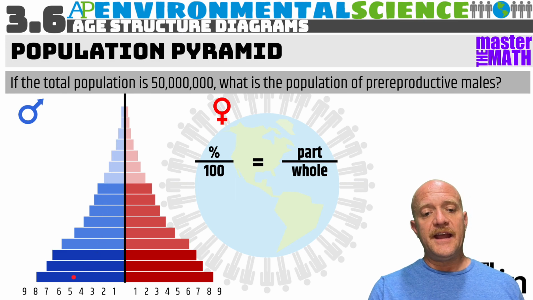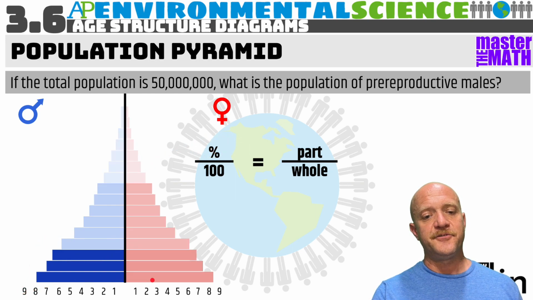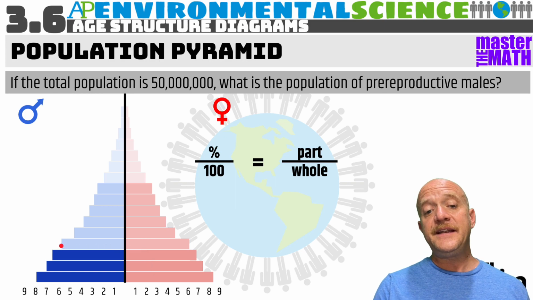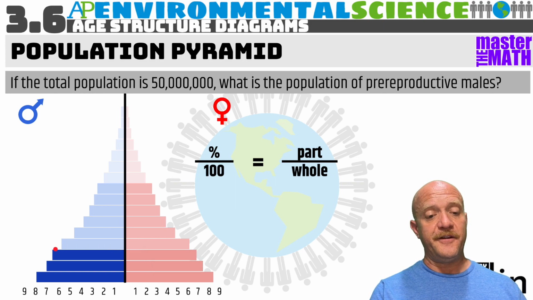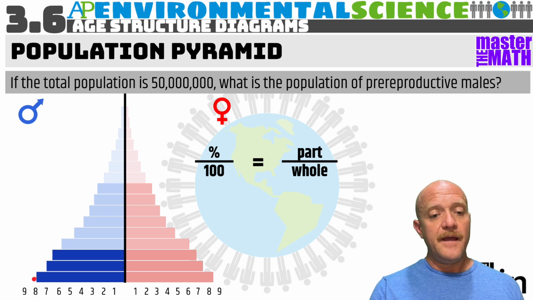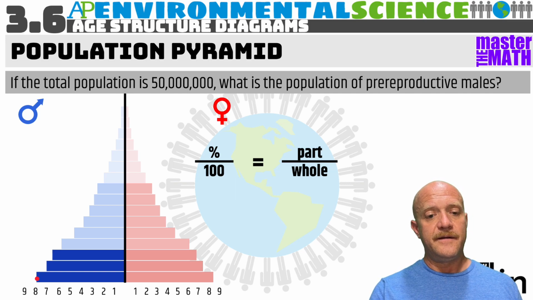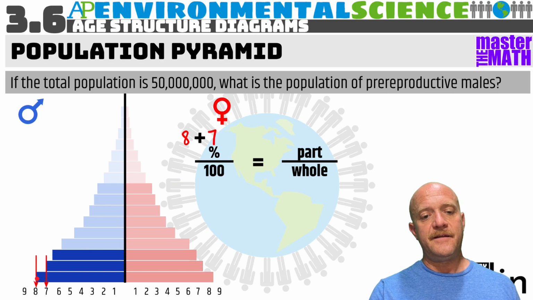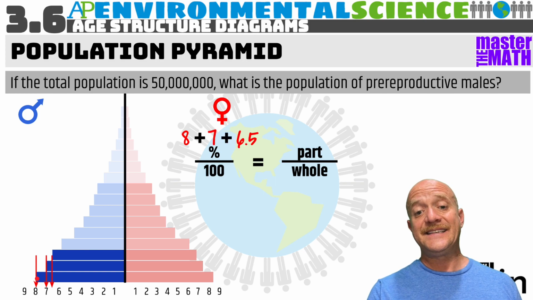Looking at this question, we want to figure out what percent of it is pre-reproductive, and that is this group right here. We have three different groups in there: 8 plus 7 plus 6.5.